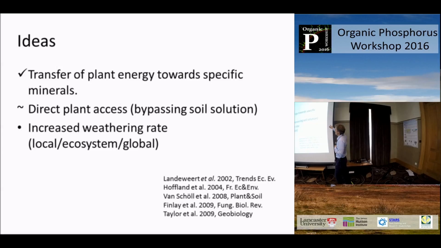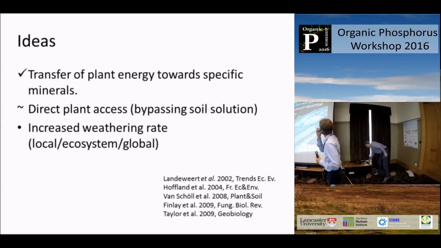So about the direct access for plants, I think there is evidence from the microcosms, but we have to be very careful. But about the field, I don't think we have any evidence that plants can take up elements specifically from specific minerals directly. And of course, it's really hard to prove.